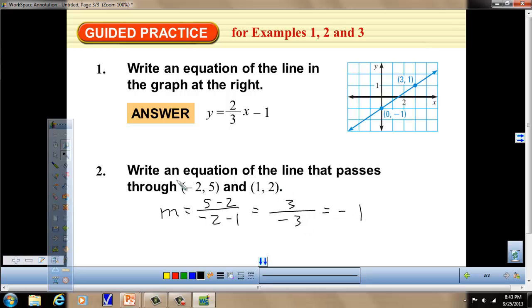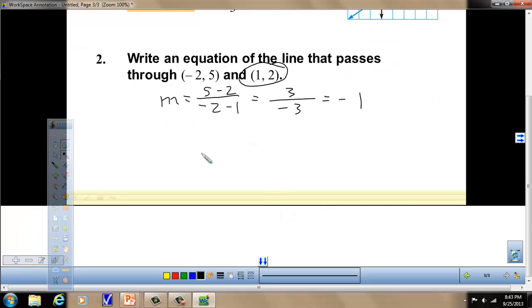We're going to take one of these 2 points, and I'm going to take this point because it has all positive numbers. We're going to take the equation y equals mx plus b. We're going to plug in this x and this y, and then this slope right here. So that gives us, for our y is 2, our slope is -1, our x coordinate is 1, plus b.